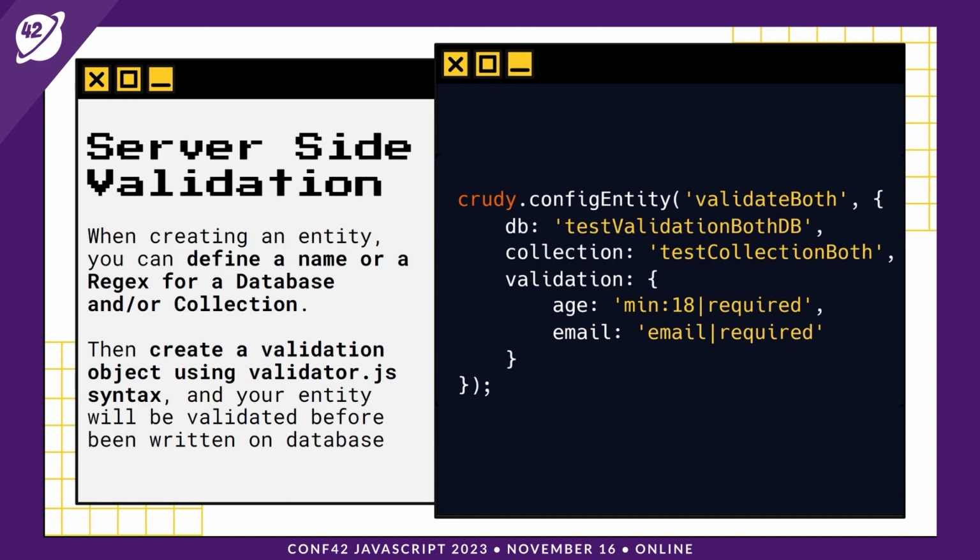The syntax for validation is in the validation object, and uses the structure of validator.js, which is one of the very few requirements we need for crudit. And you can configure all sorts of validation on the form of your data.